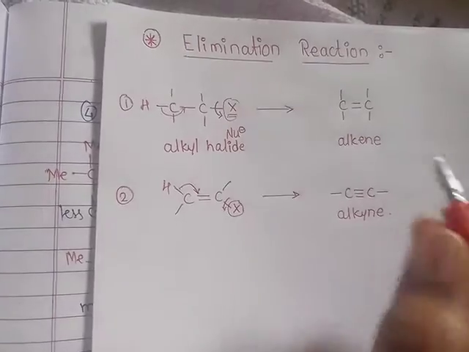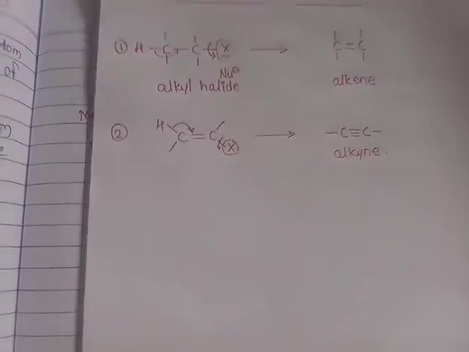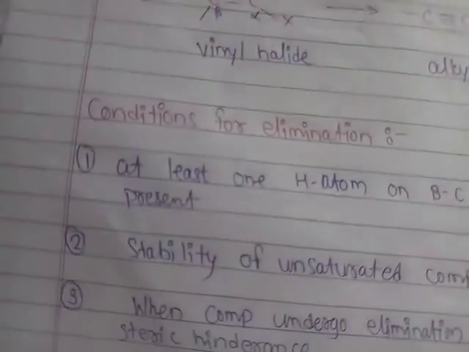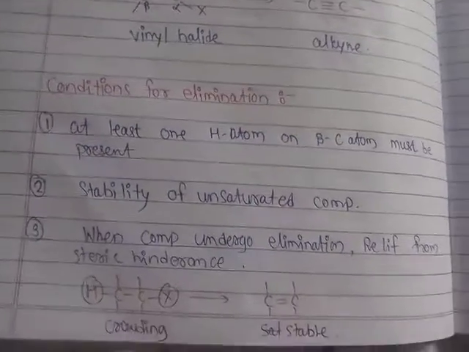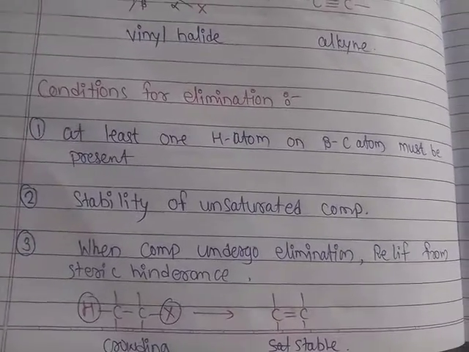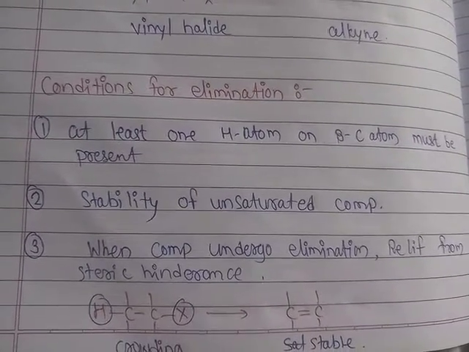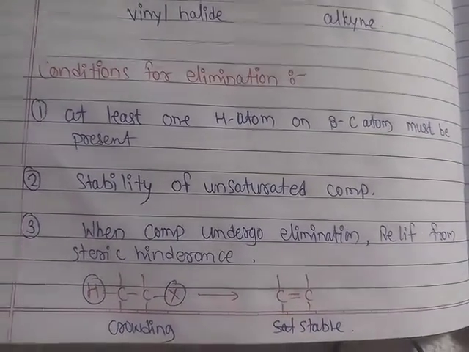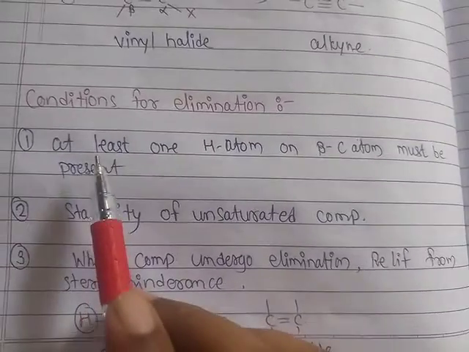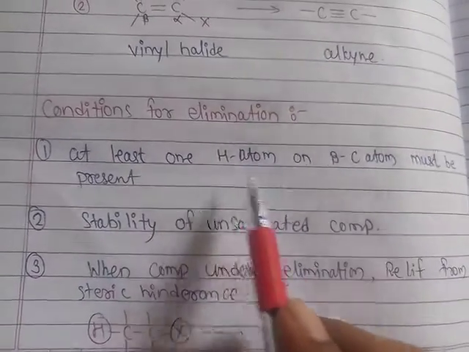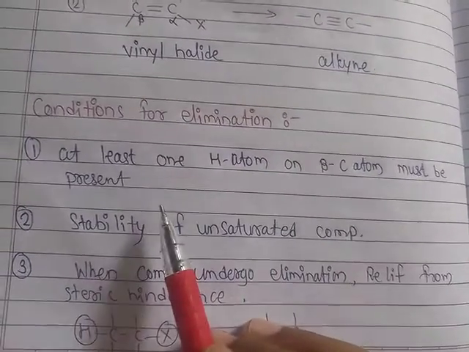So which conditions are important for elimination? After this point we will see the next point, that is conditions for elimination. We require some conditions. Listen friends, I have written this point: at least one hydrogen atom on the beta carbon atom must be present.